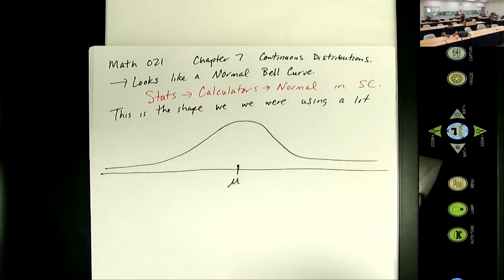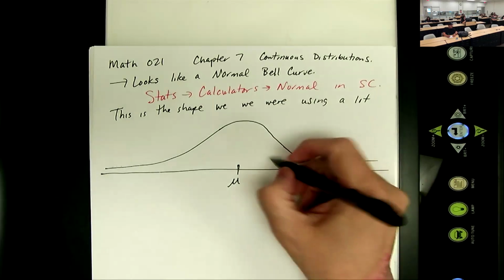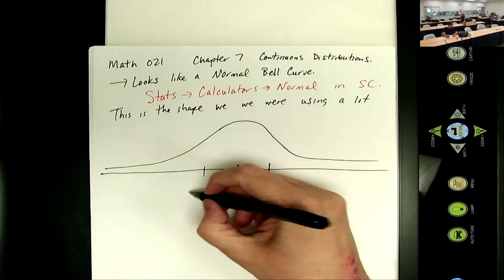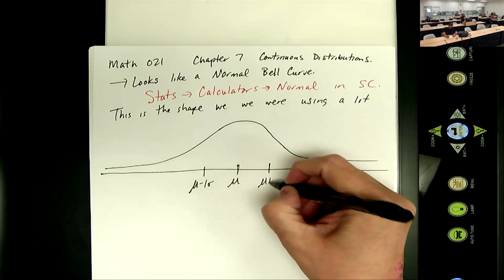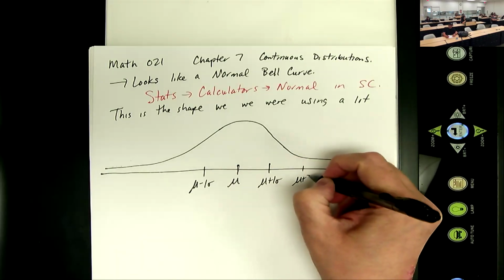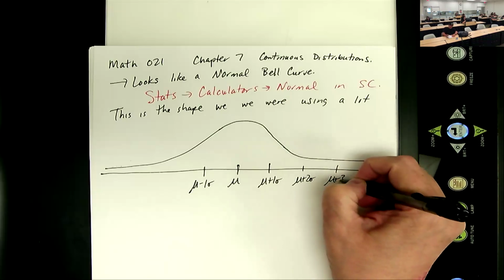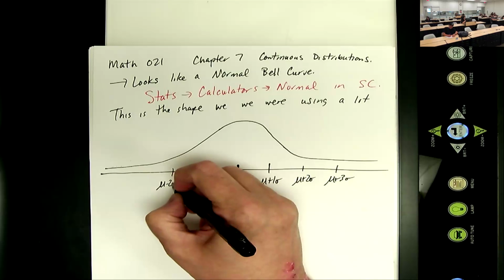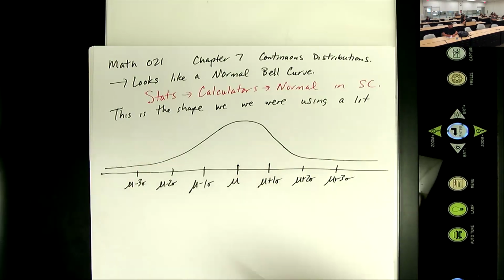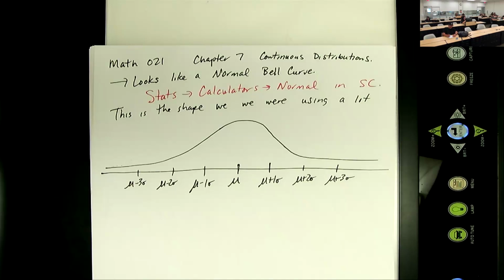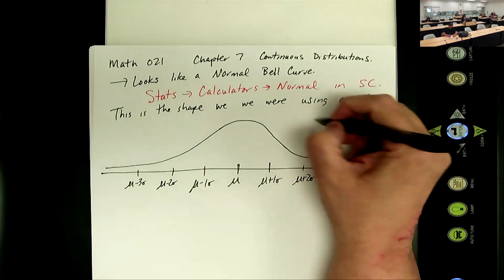Where you have mu in the middle, and we went out one deviation each direction, and we could do it 3 times. This was the design on the empirical rule bell chart.